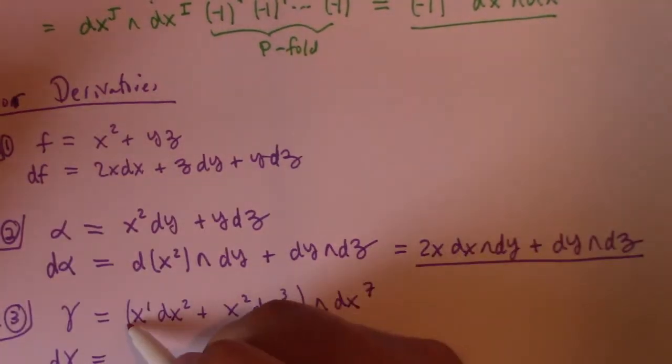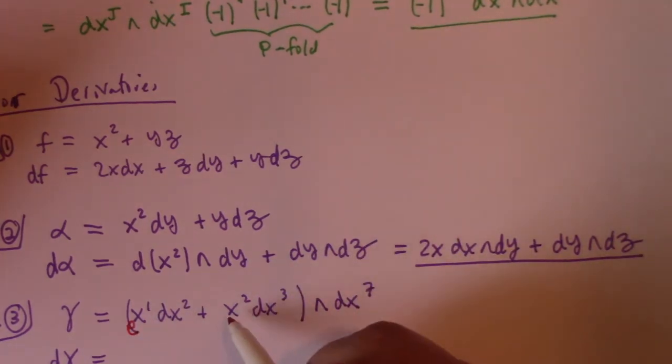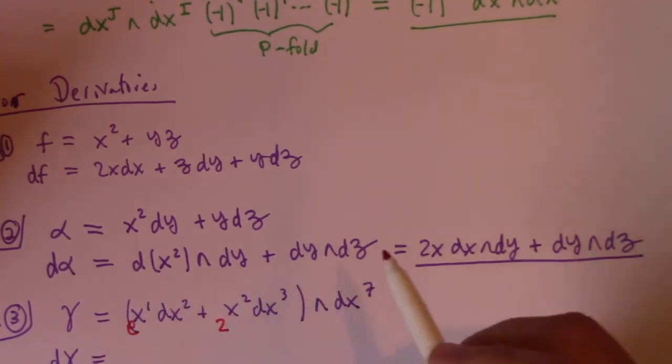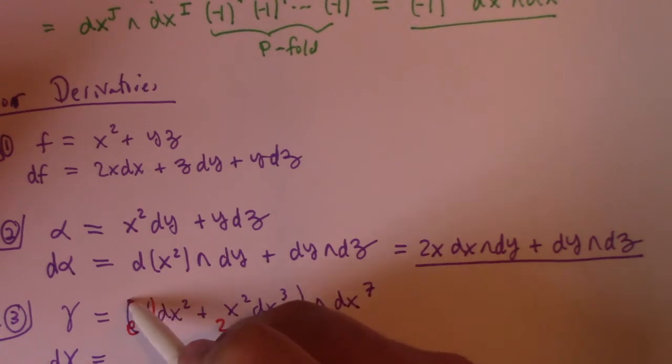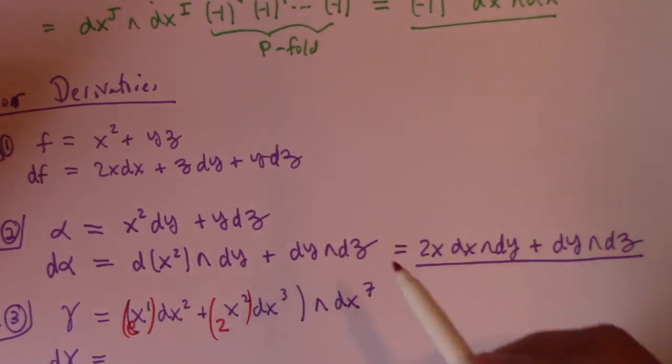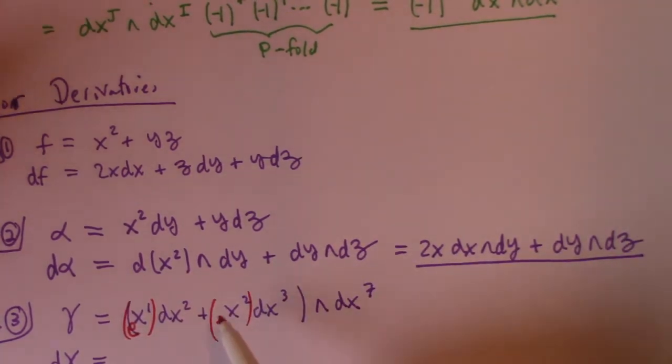I'll make this the exponential, and I'll make this 2 to the x2 power. Now we've really got something. So, of course, the derivative of the exponential function is the exponential function. So I have e to the x1 dx1 wedge dx2 wedge dx7.